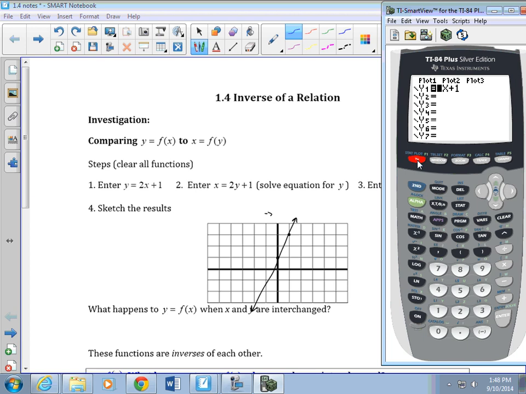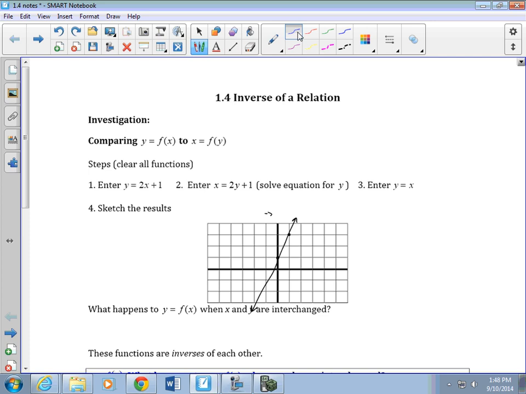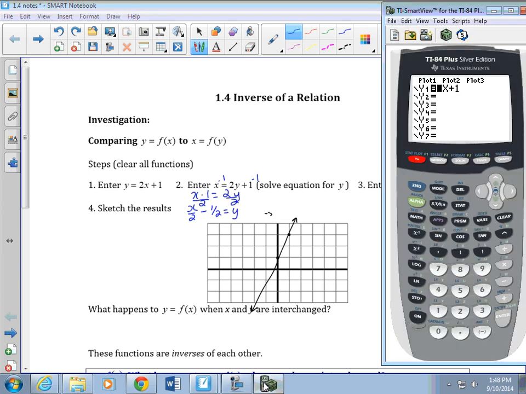So first thing I would do is move my 1, so I'll have x minus 1 is equal to 2y, divide by 2. So I'm looking at x over 2 minus 1/2 equals y. Now you have a couple of different ways you can enter that into the calculator.